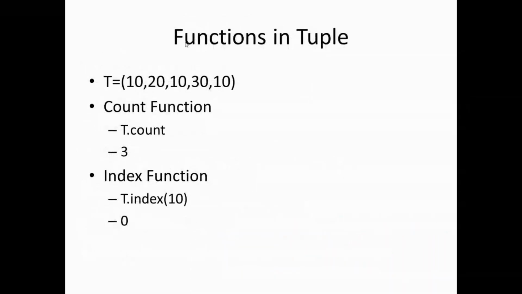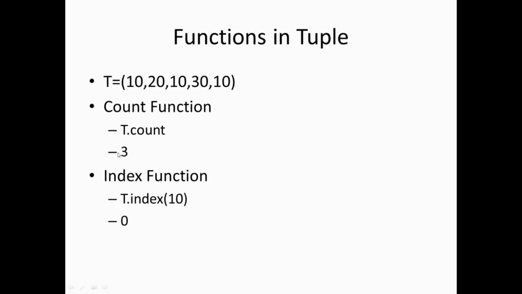We can read things, so the count of 10 is 3. We can read up to that, but you cannot add or remove. Modification functions do not exist in tuple, whereas in list they exist because list is mutable.